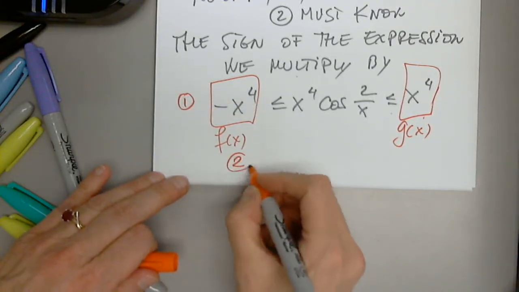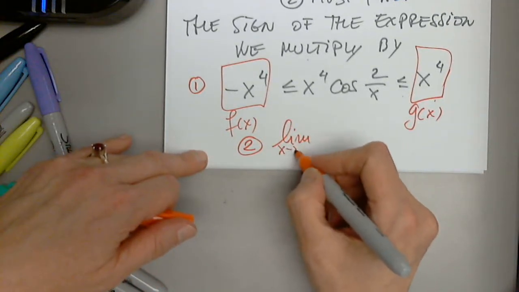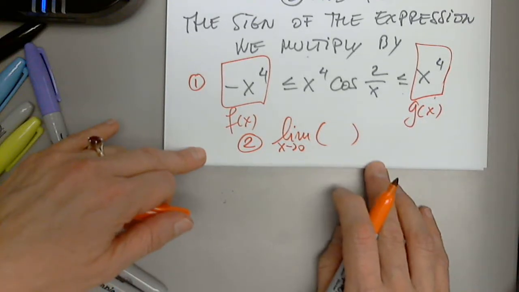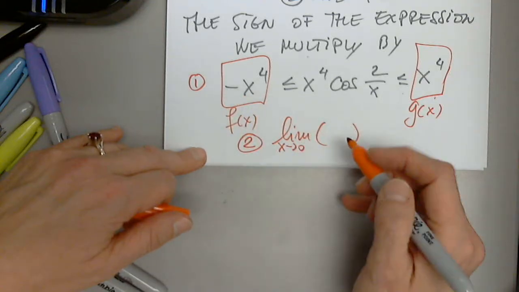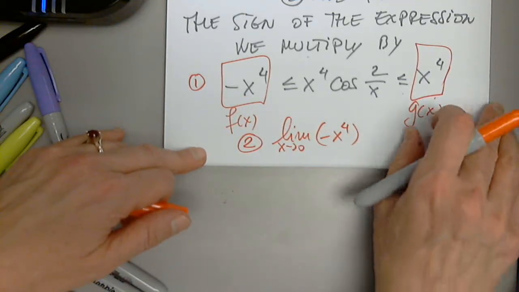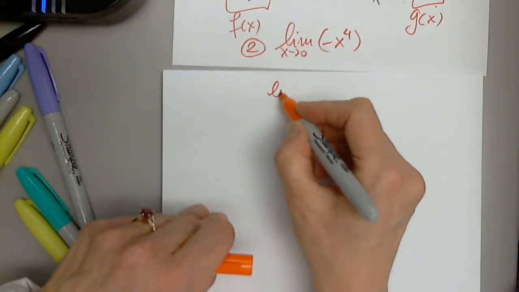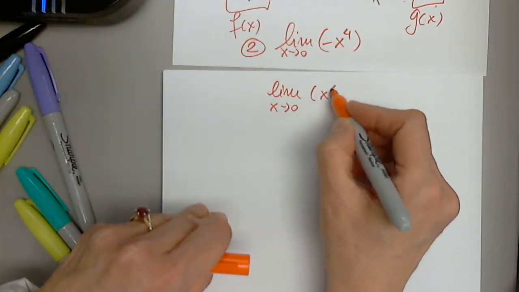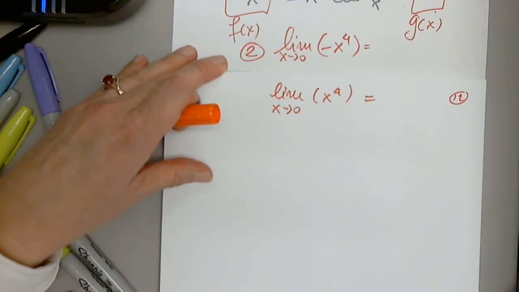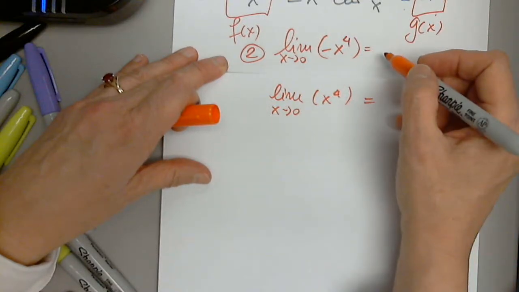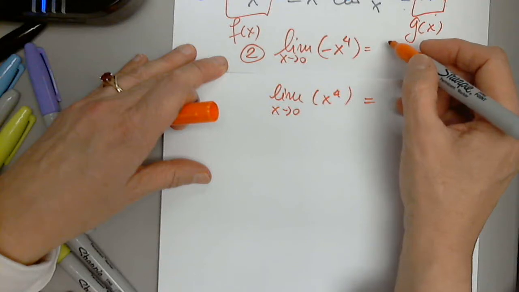Now I have to verify the second condition. What is the second condition that must be fulfilled? That the limit as x approaches 0 of negative x to the fourth, awesome, and the limit as x approaches 0 of x to the fourth, yes, they both exist and they are equal. Are they equal to what?